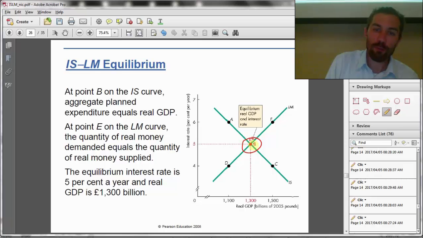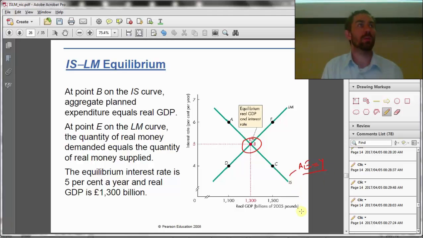If we are at point B, and because we're at point B, we are on a point on the IS curve, what does that tell us about aggregate expenditure? It tells us that we're at a point of equilibrium in our aggregate expenditure model. In other words, we know that at every point on the IS curve, aggregate expenditure equals output. Which means at point B, we know that aggregate expenditure is equal to output.